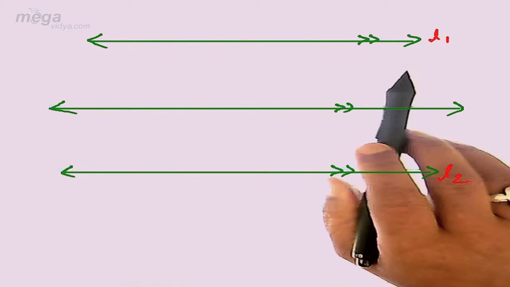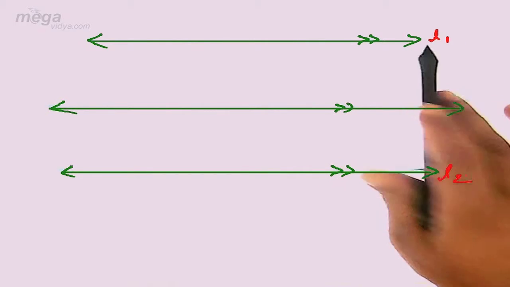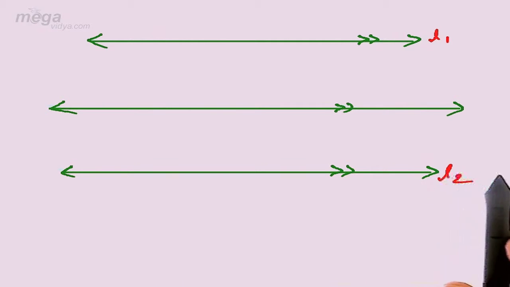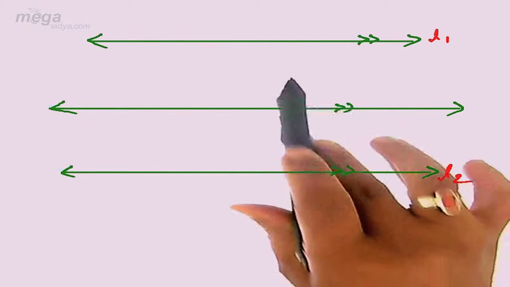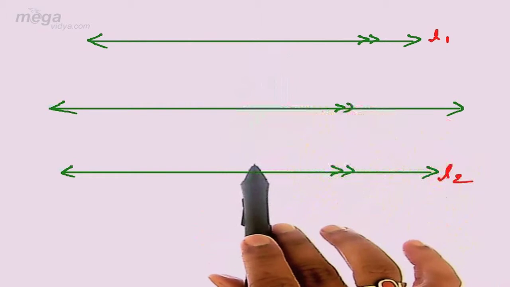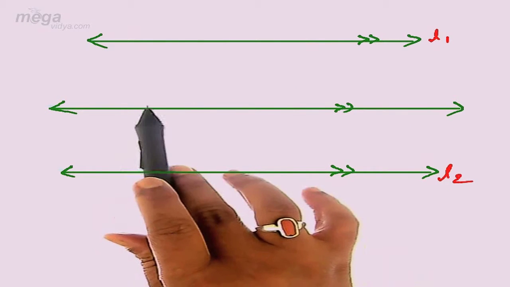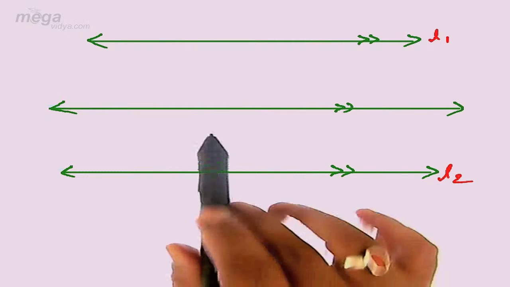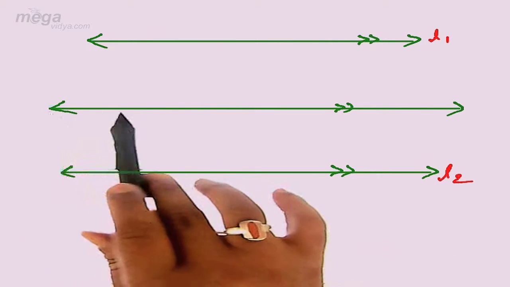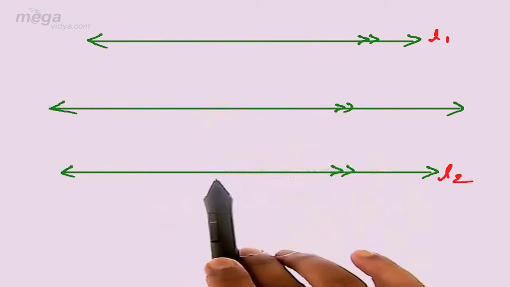These are two given lines L1 and L2 which are parallel to each other, and according to the question you have to calculate the equation of the third line which is mid parallel to these two given lines. Mid parallel means the line which is parallel to the two given lines and equidistant from them.